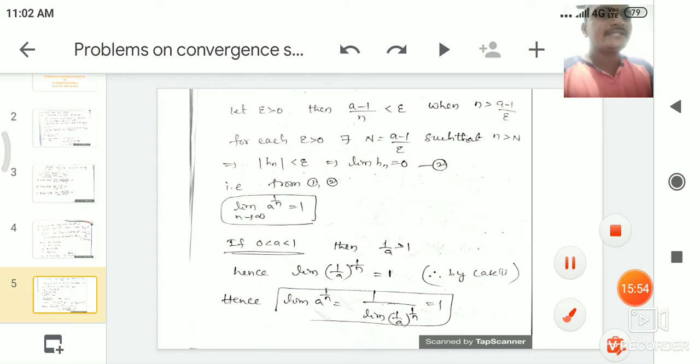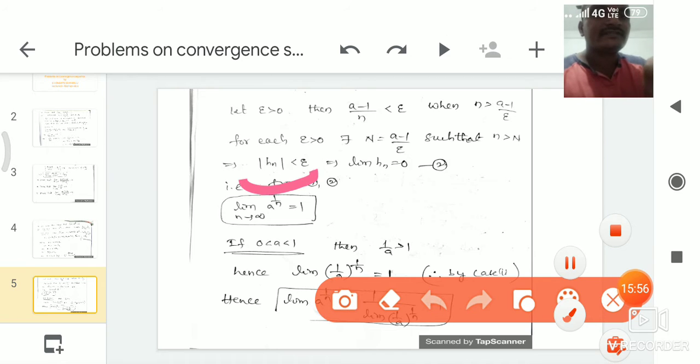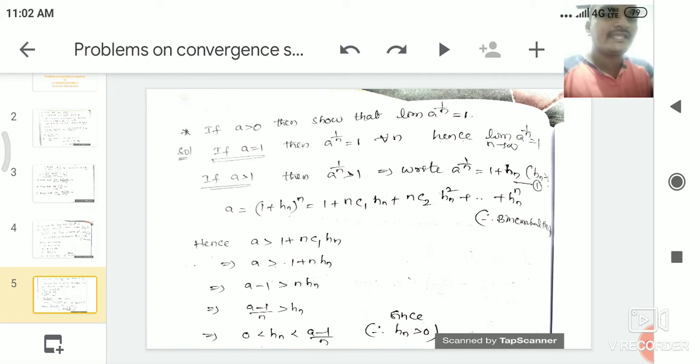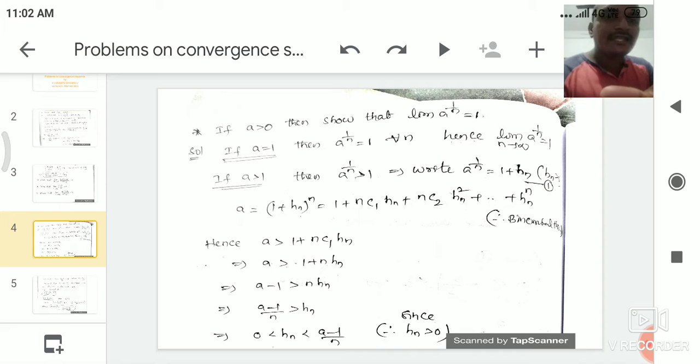Here |Hn| is less than epsilon. How is it possible? We have the condition 0 < Hn < (a − 1)/n. Here we consider (a − 1)/n < epsilon; then there exists a natural number n.